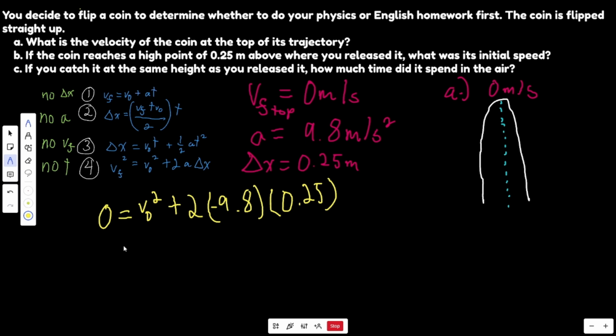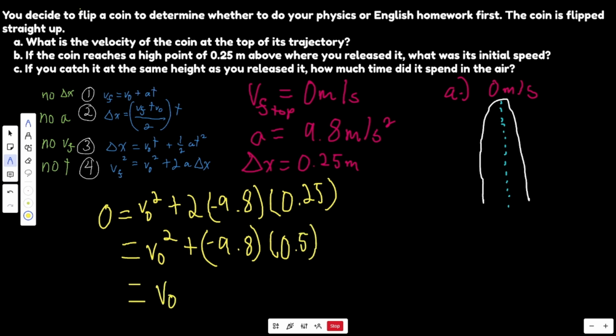So we can simplify this even more. We can just make it v0 squared plus 9.8 times 0.5, and this would make the equation even simpler again by making these two.